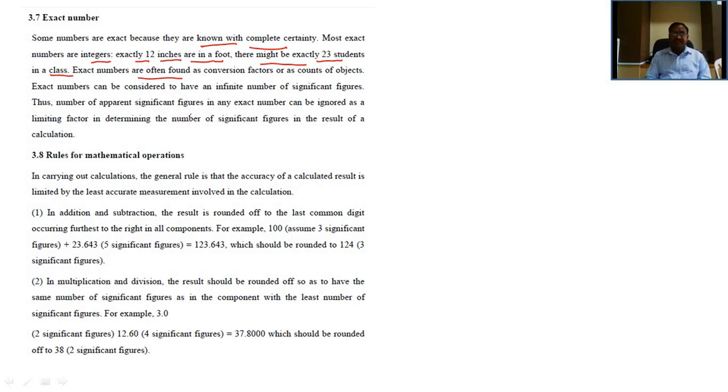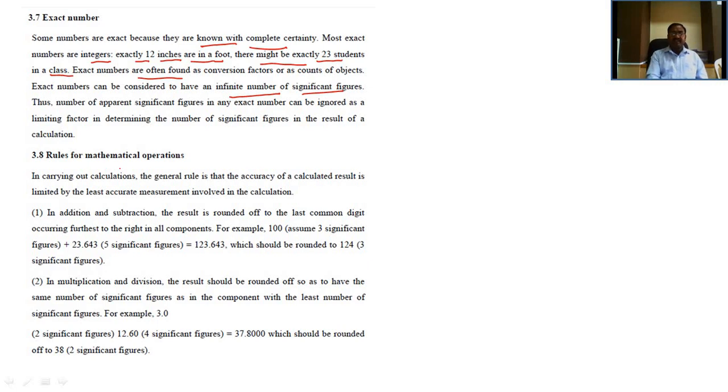Exact numbers can be considered to have an infinite number of significant figures. Thus, the number of apparent significant figures in any exact number can be ignored as a limiting factor in determining the number of significant figures in the result of calculations.